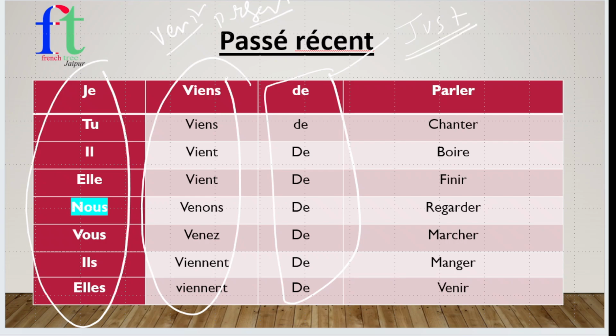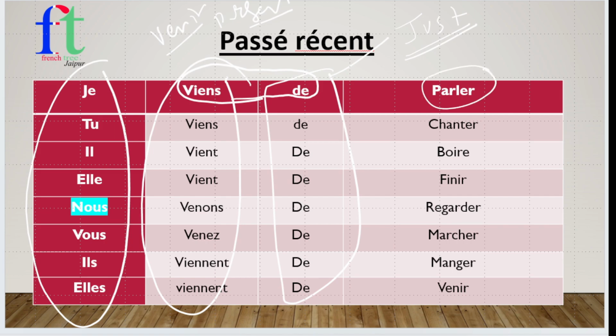For example, if I forget to use de, then venir will not give the meaning of just. It would be giving the meaning of coming. Okay? Yes, sir. So both are the mandatory part while we are talking about any activity that's just done.